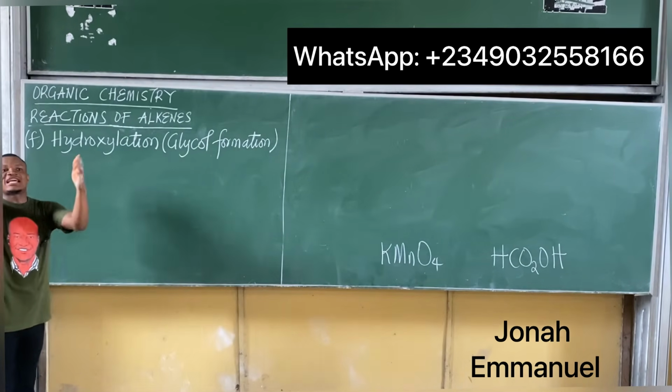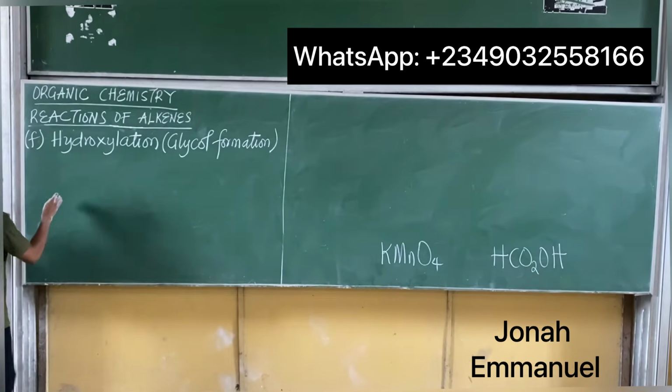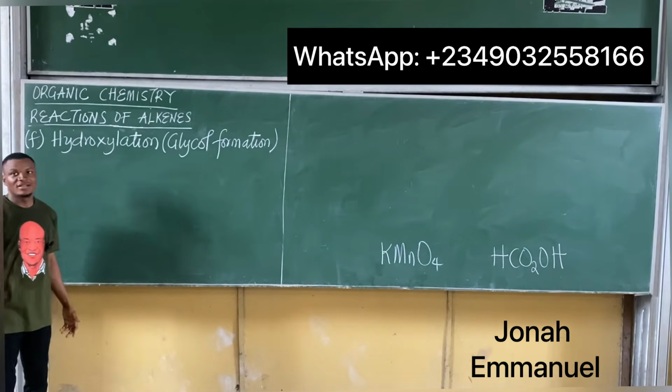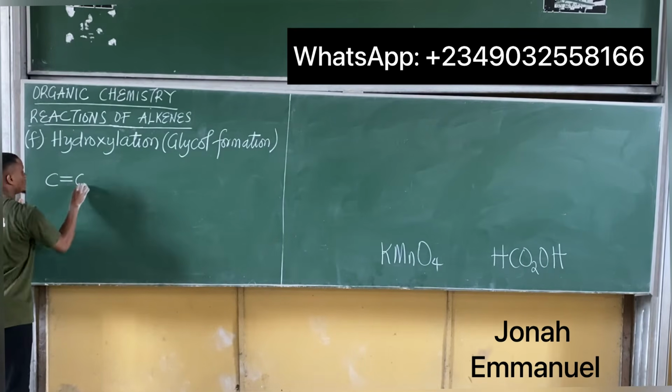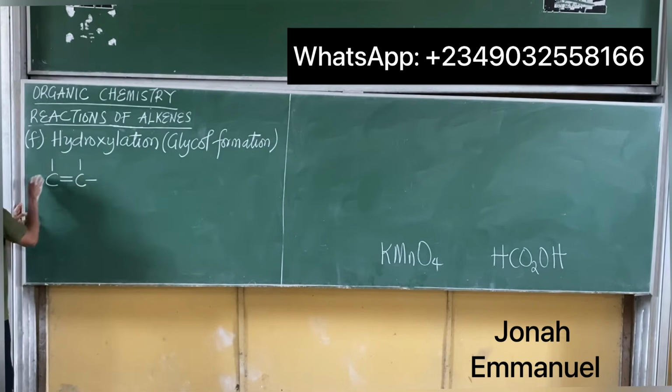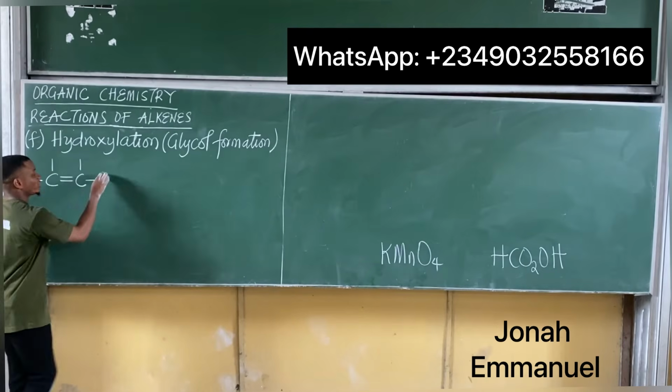Are we done? Tell me what you have there. Tell me you have an alkene. Give me the structure. What do you have? C double bond C. Combine with what there?